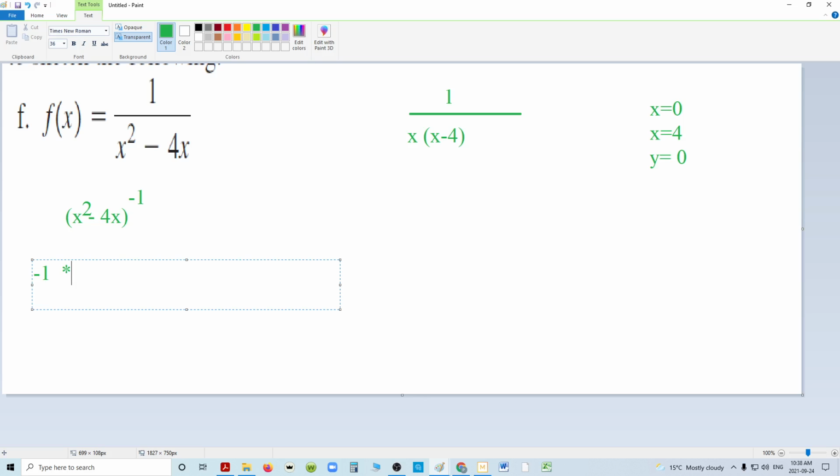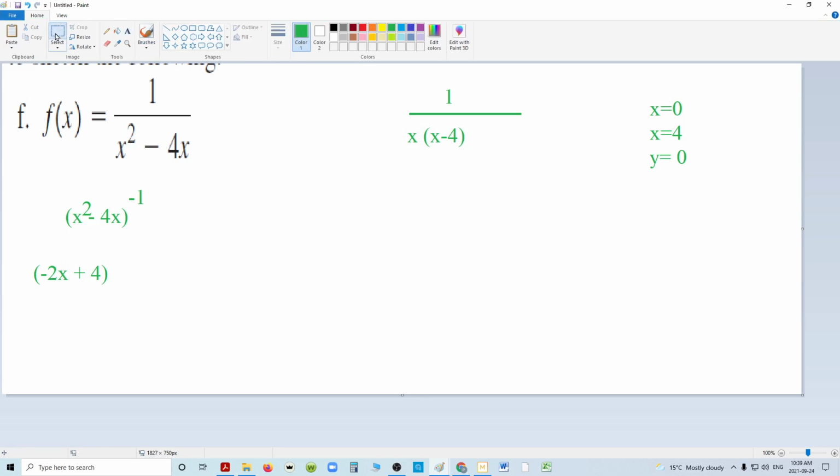But then I have to multiply by the derivative of the content, which is 2x minus 4. When I multiply that by minus, I get minus 2x plus 4. So that's the numerator now. And the bottom simply becomes the same thing, but now it's squared.